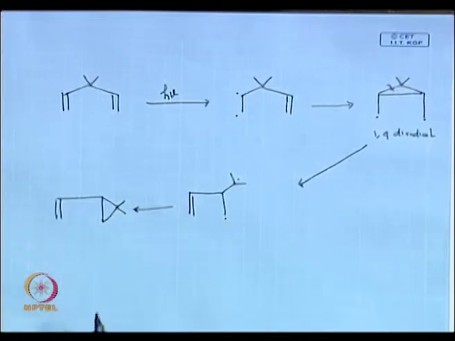That is how you can look at the di-pi-methane rearrangement in two ways: from singlet pi pi star, in a more zwitterionic way, and from triplet pi pi star, more like radical chemistry.